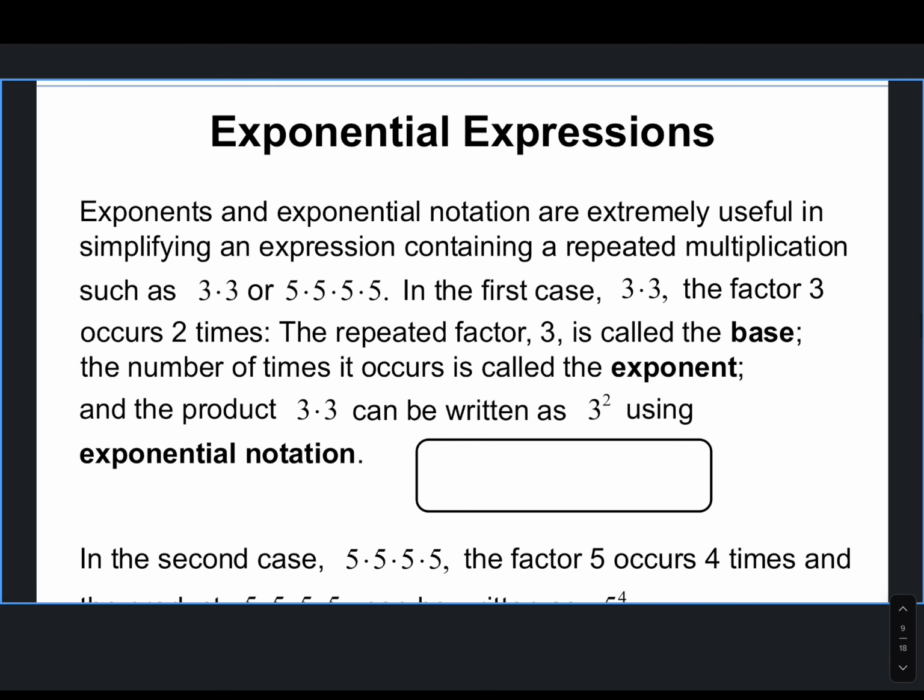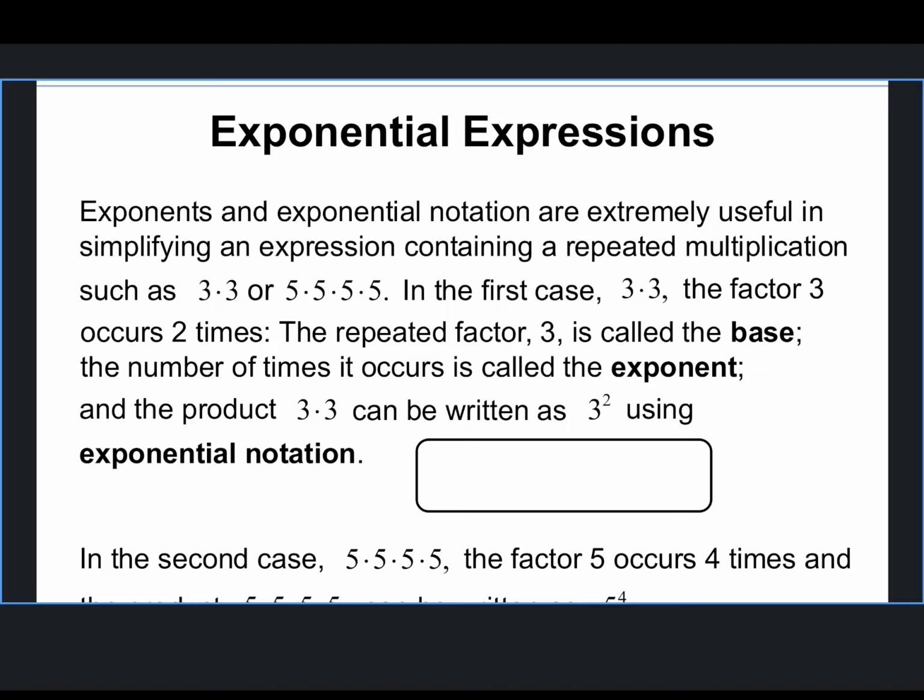Okay, exponential expressions. Exponents and exponential notation are really useful for us in simplifying an expression that has repeated multiplication, such as 3 times 3 or 5 times 5 times 5 times 5. When we have the first case, 3 times 3, how many times are we repeating that 3? We're repeating it twice.